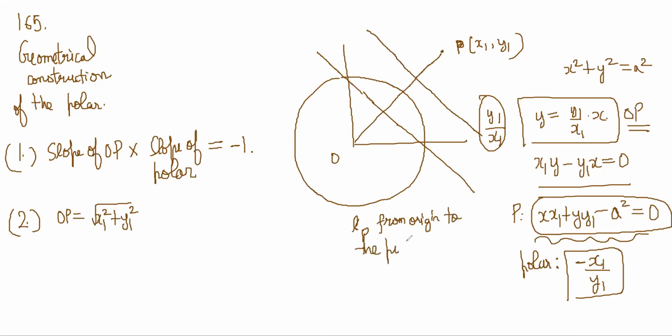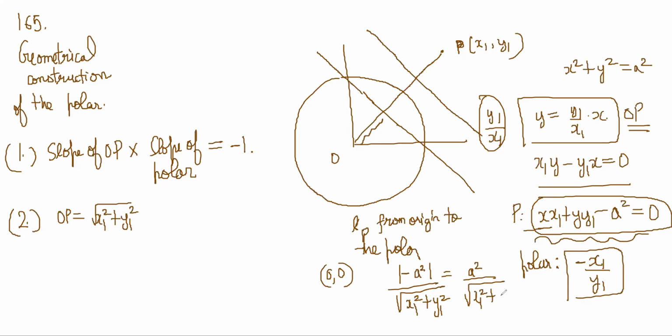That will help us mark off what distance to draw the perpendicular. From 0, 0, if I drop a perpendicular on the polar line, that will be basically minus a square mod by root over x1 square plus y1 square. Basically, a square by root over x1 square plus y1 square is the distance from the origin to the polar line.